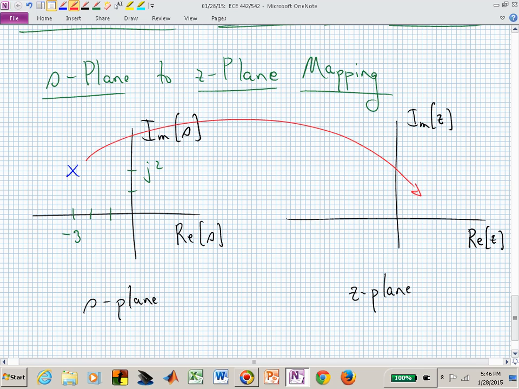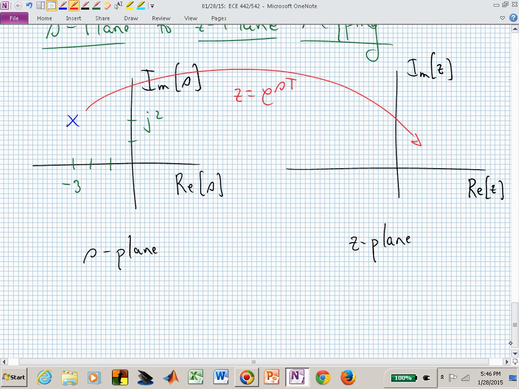over into the z-plane? And we've just learned, or we just said, that z is e to the st. What's that going to look like? Where's that pole going to end up in the z-plane?